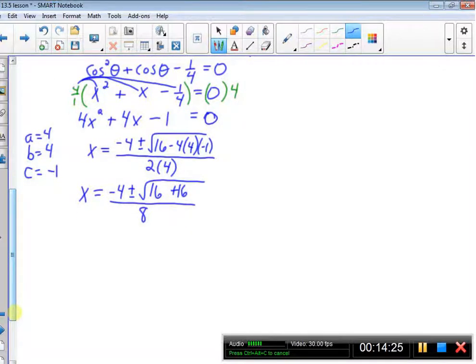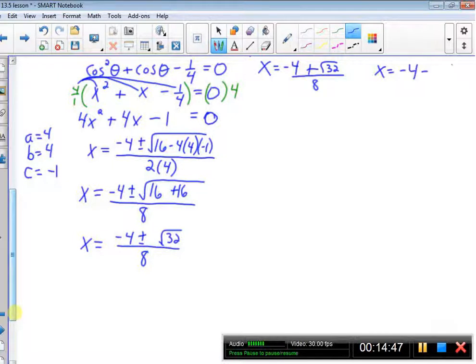So I get x equals negative 4 plus or minus radical 32 all over 8. So I'm going to take that up here and do x equals negative 4 plus radical 32 over 8, and x equals negative 4 minus radical 32 all over 8.